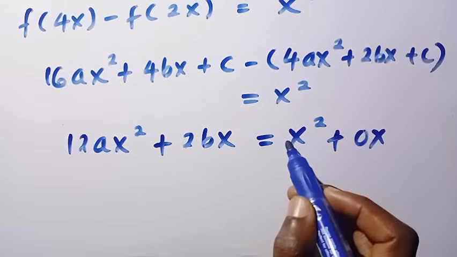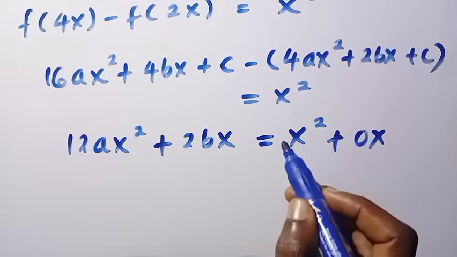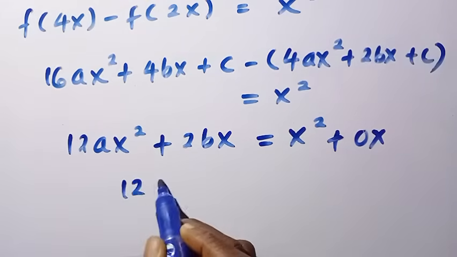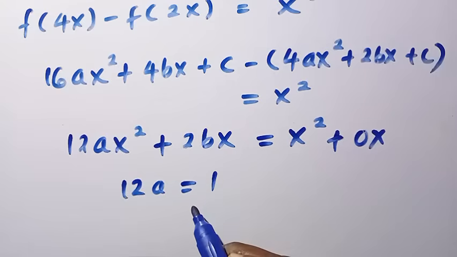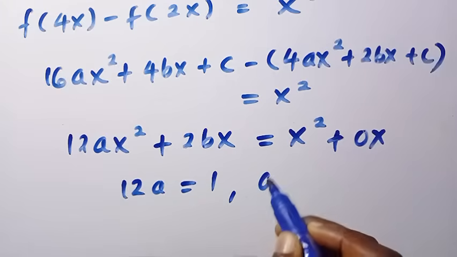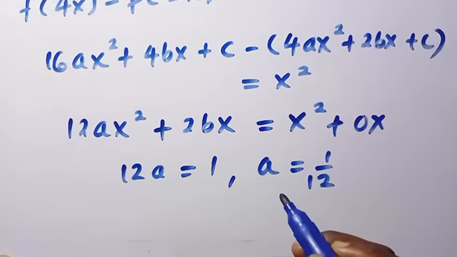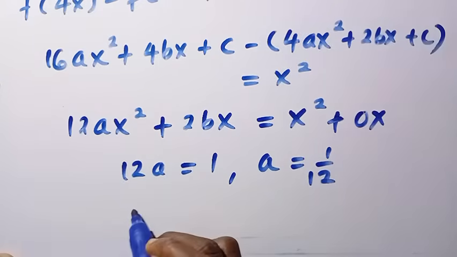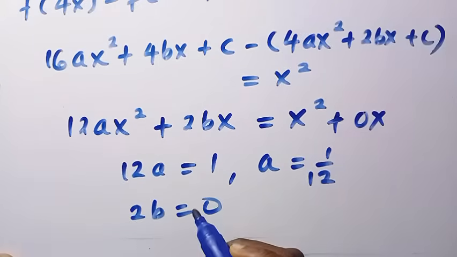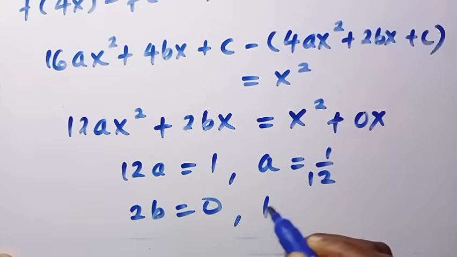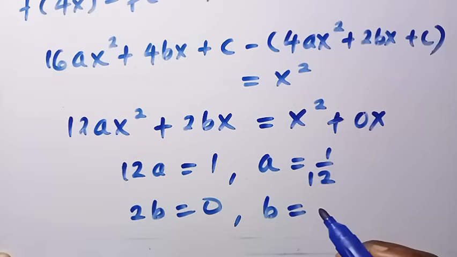And for this one, it's x squared, and the coefficient here is 1. That is, 12a must equal 1. And if 12a equals 1, then a equals 1 over 12. While for bx, we have 2b equals 0, so this shows that b equals 0.